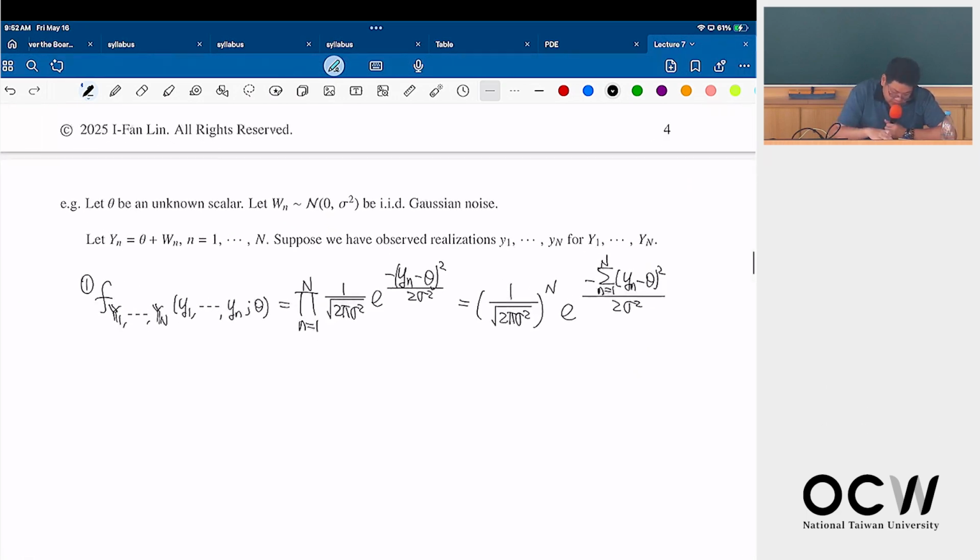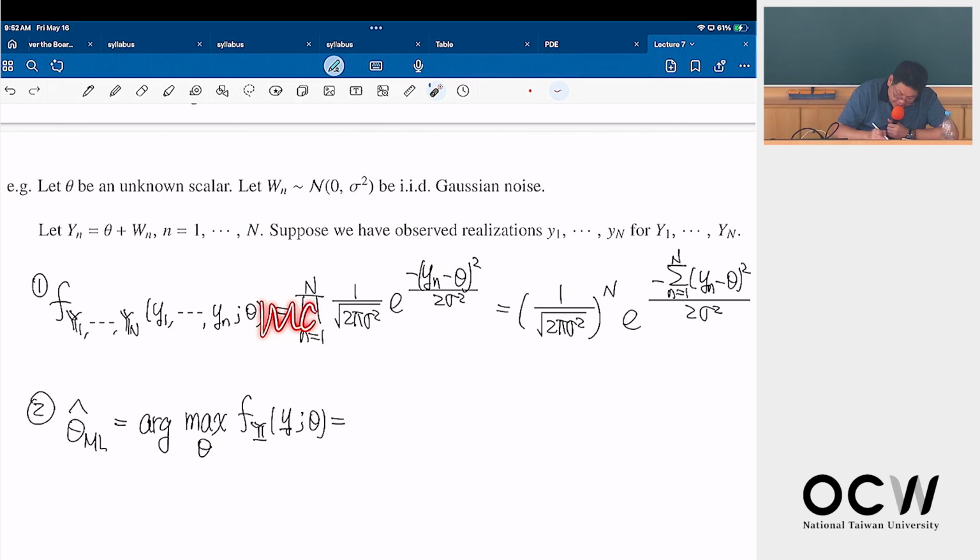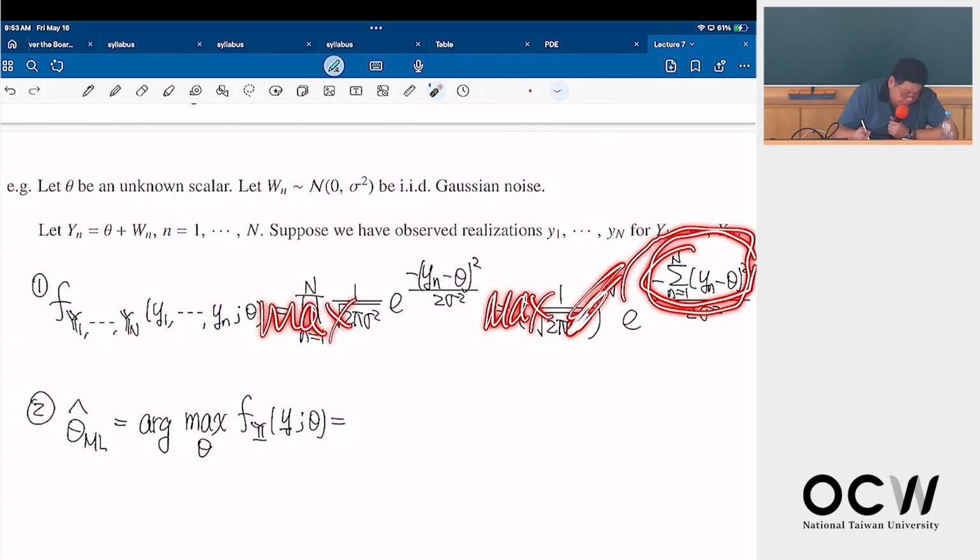So the best theta is to maximize this joint PDF. Why? We want to maximize this. So here we don't need that. We only need to maximize this part.